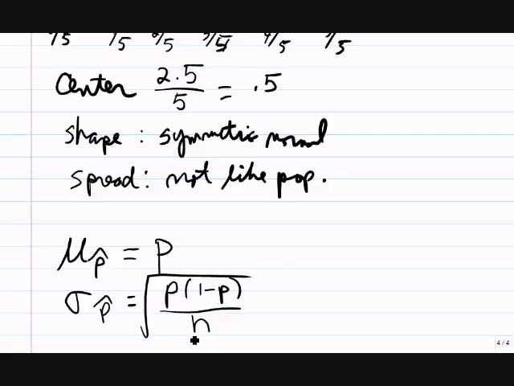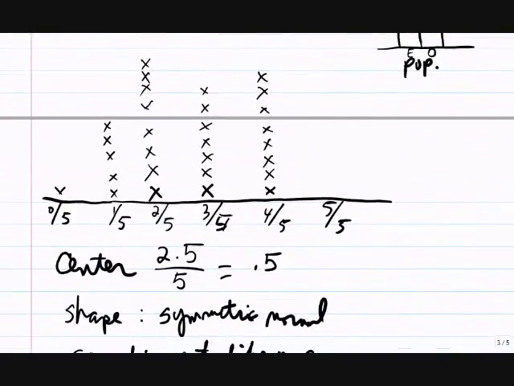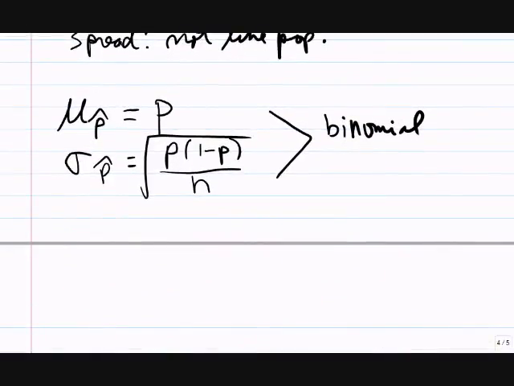N is sample size. And these two come directly out of our study of the binomial. But we won't go back and look at the binomial. We'll just trust that this looks like a binomial distribution.